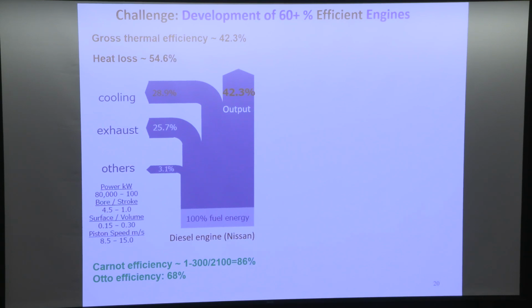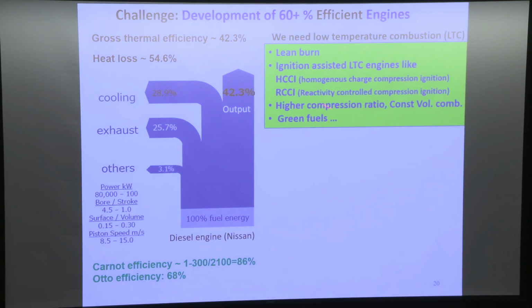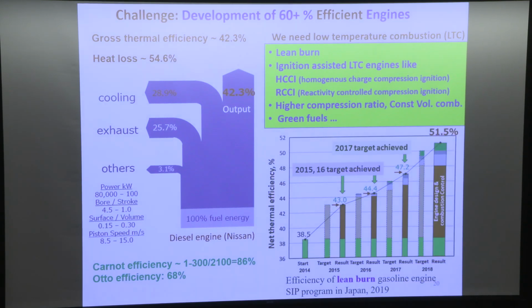Most of the reason is because of the cooling. So the question is how can you reduce the cooling? Without reducing cooling, you really cannot improve the efficiency much. It requires enabling lean burn or low temperature combustion. That triggered a lot of research in Japan through a science innovation program, trying to enable combustion control, lean burn, and low temperature combustion to reduce the flame temperature.